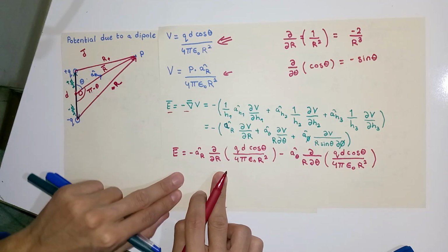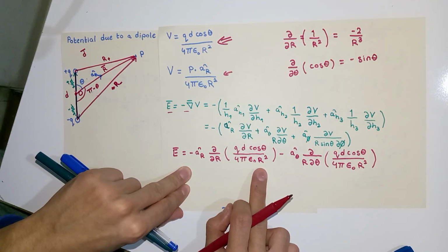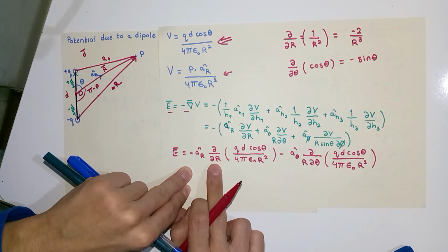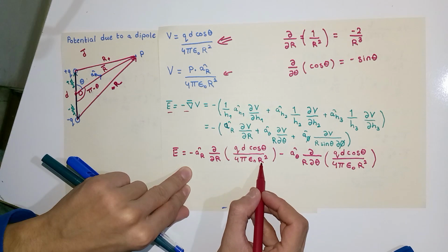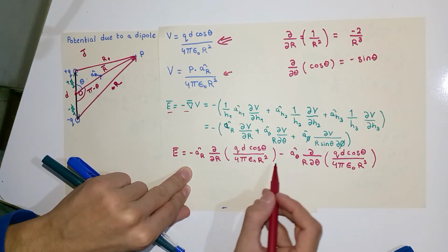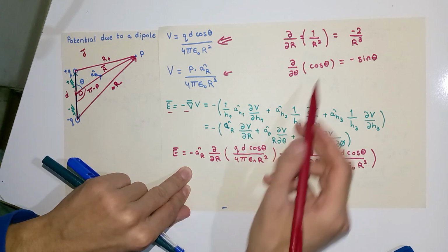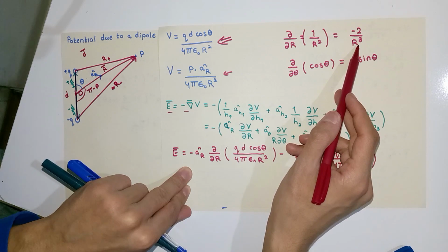Now, as we see in the first term, we are going to take the derivative with respect to r, and as we know, r is the only variable and the others are constants. We know that the derivative of 1 over r squared is minus 2 over r cubed.